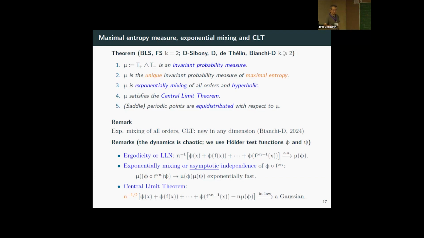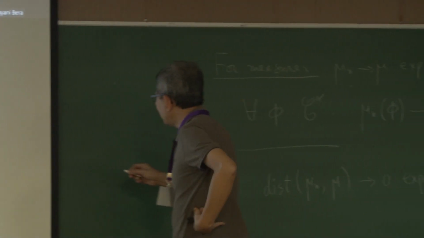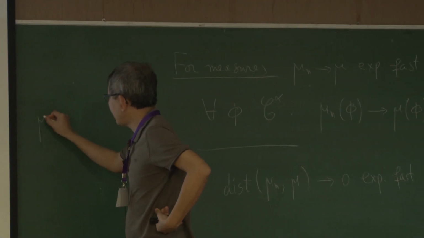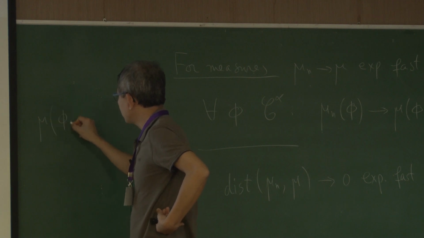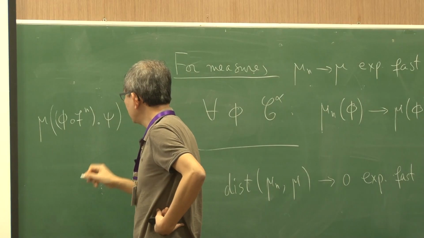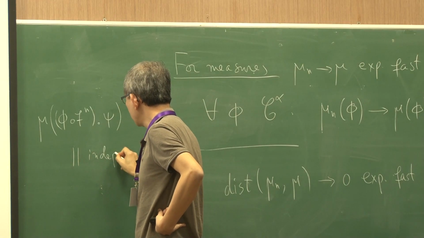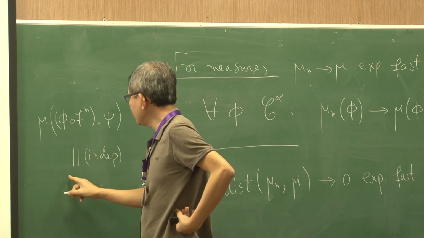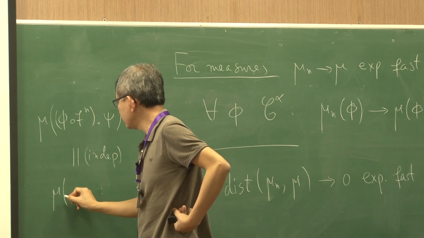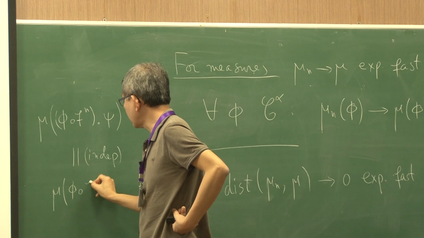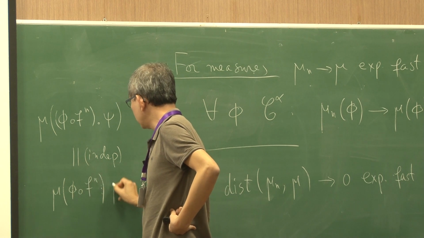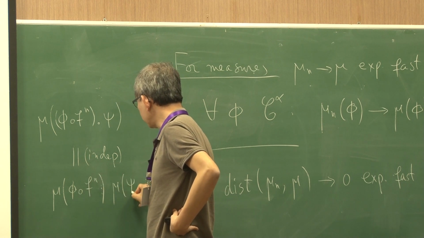But if they were independent, then the integral of phi composed with f^n times psi, for example, should be the product of the integral of phi composed with f^n and the integral of psi.